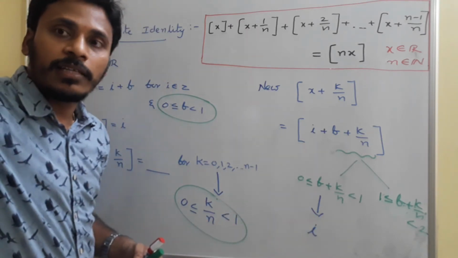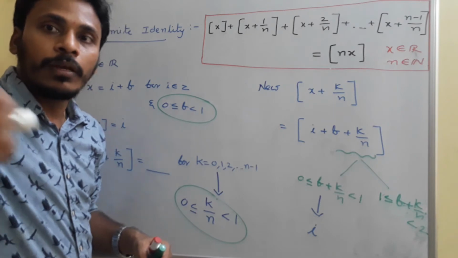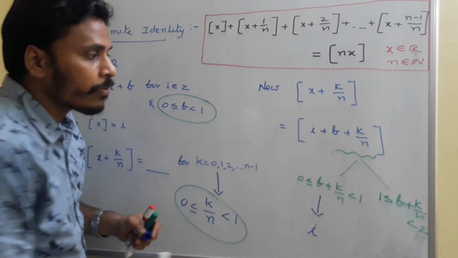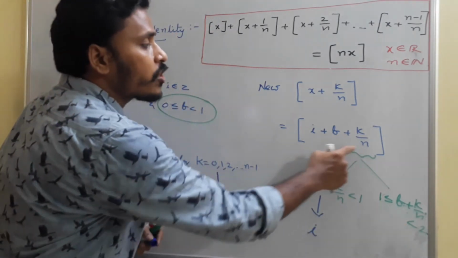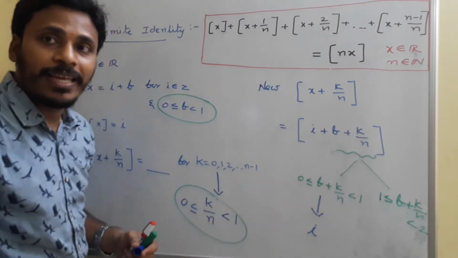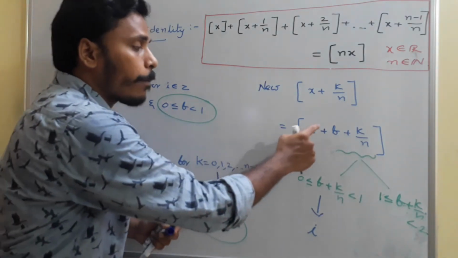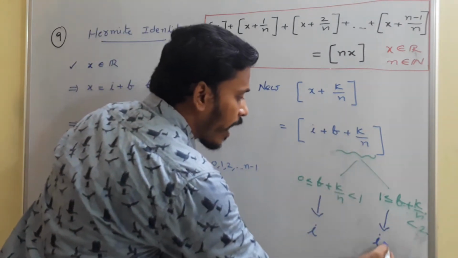Whereas in the other case, where f plus k by n value is in between 1 and 2, since it is between 1 and 2, you have a chance to rewrite this f plus k by n as 1 point something. So I plus 1 point something results in I plus 1.